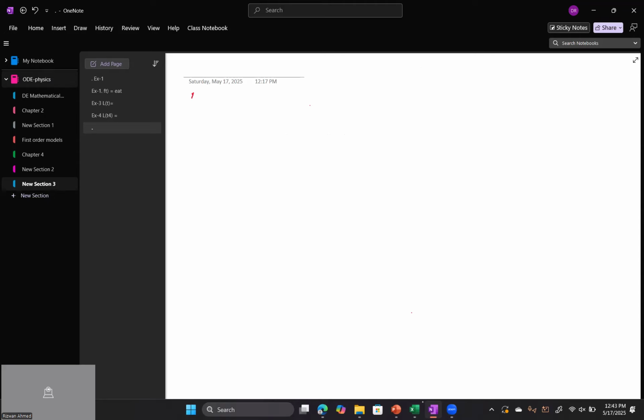So the first example I'm going to attempt, and this is the fifth example, I calculate the Laplace transform of cos hyperbolic of kt.